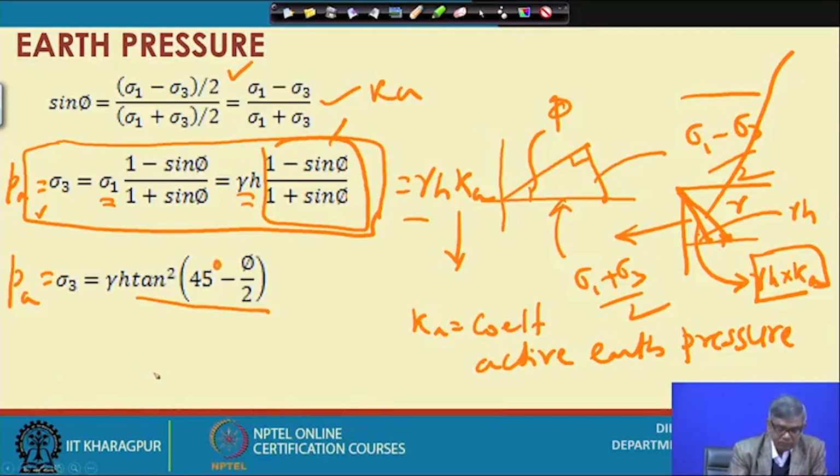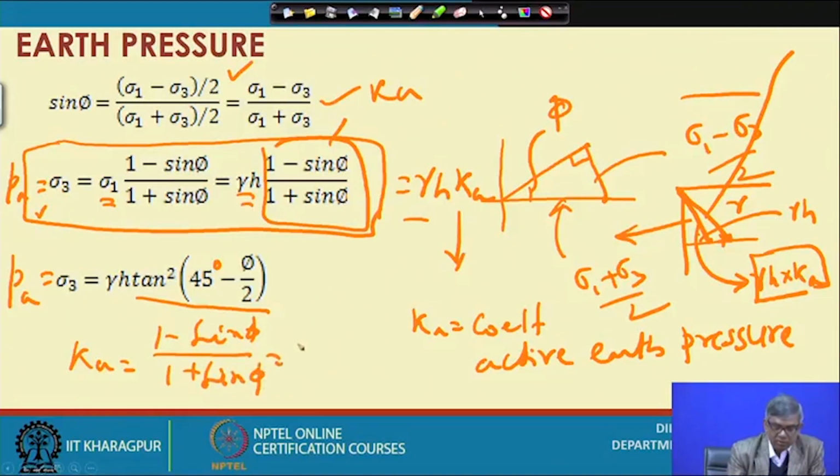So the main thing is that from the active case, using the Mohr circle, we could establish the Ka expression: Ka equals 1 minus sin phi by 1 plus sin phi, which is also tan square 45 degrees minus phi by 2. Either you can use this expression or that expression. Okay. So we have now got the expression for the active earth pressure coefficient.